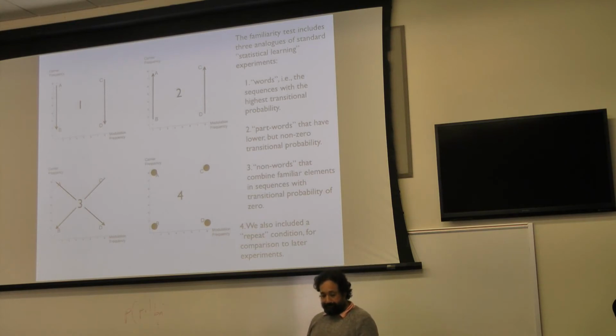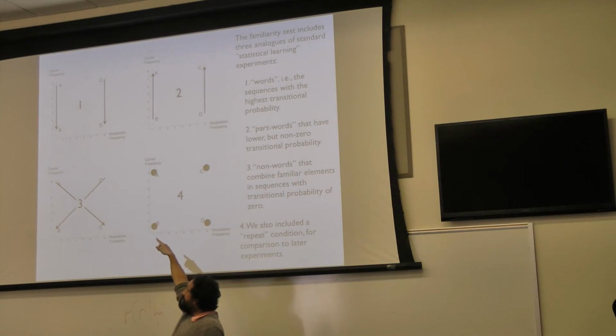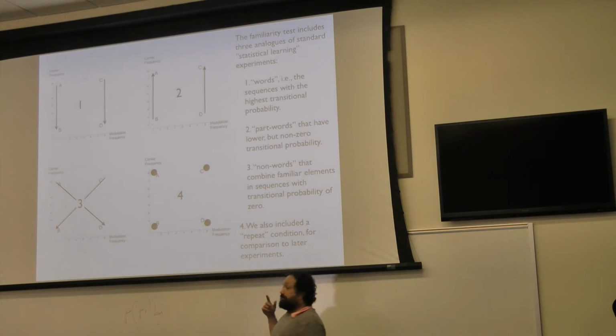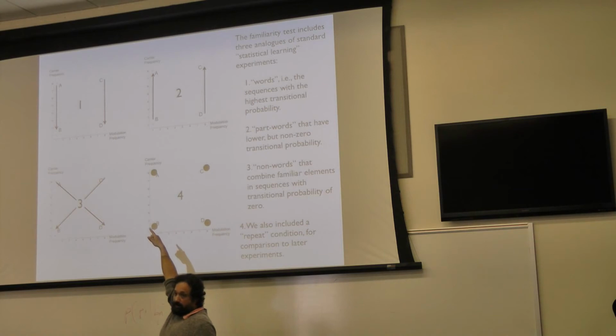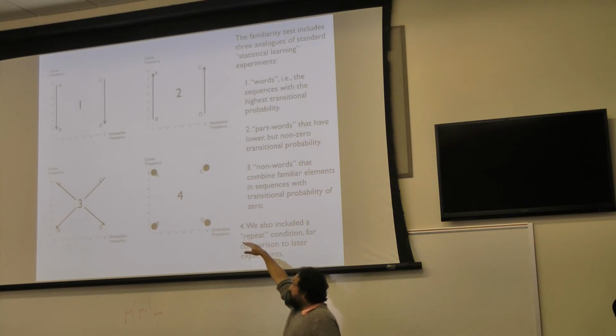familiarization testing stimuli. So the equivalent of words in the Saffran et al. paradigm is A, like starting with A and then moving on to B, or starting with C and then moving on to D. So given A, you're 100% likely to go to B, so those are the most predictable sequences, right? Given B, you might go to A, right?